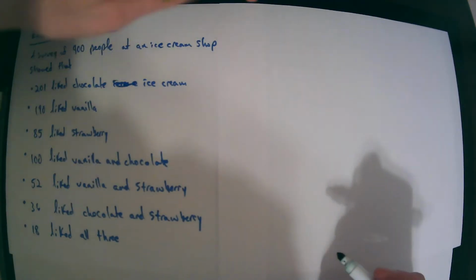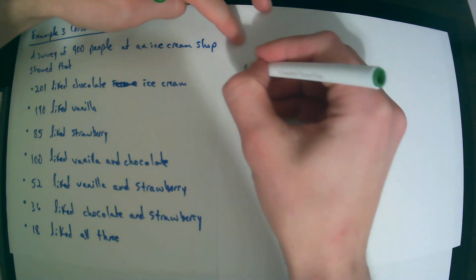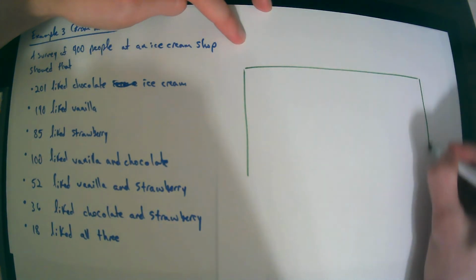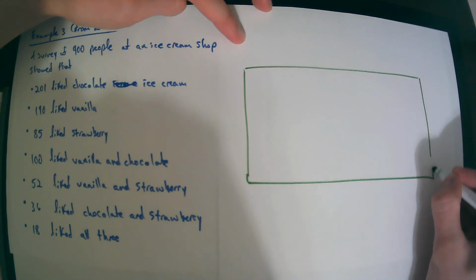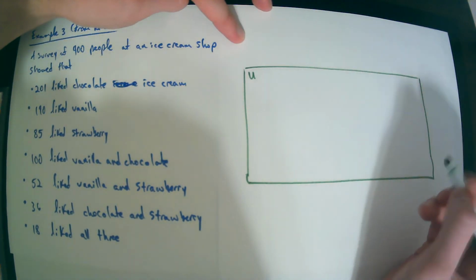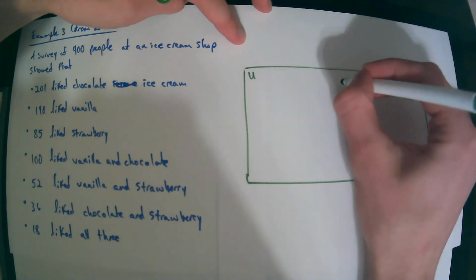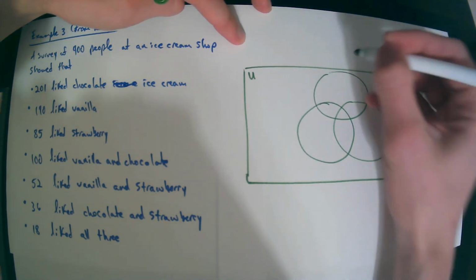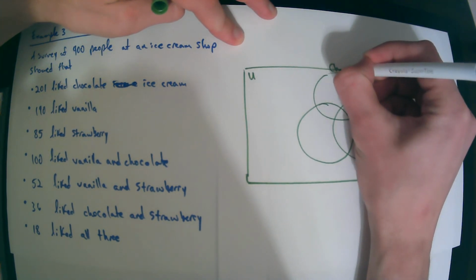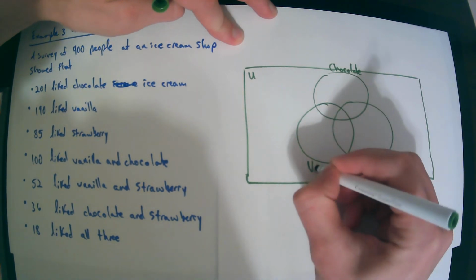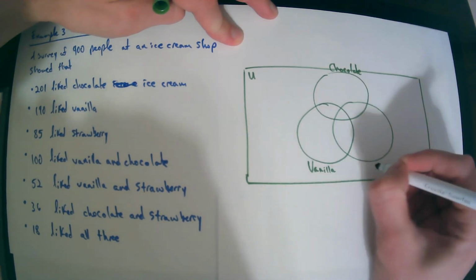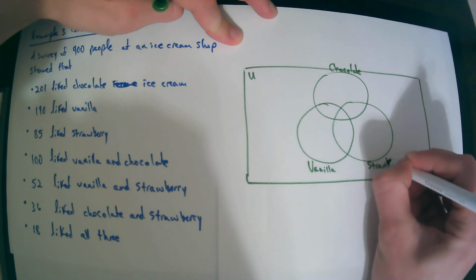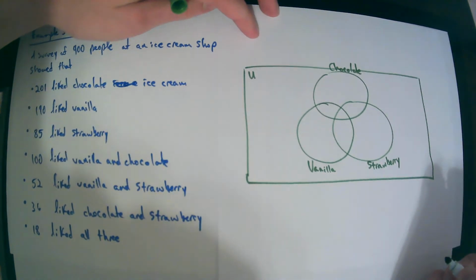Okay, so let's say I've got my universal set. Always need a universal set. Then let's say that this is chocolate up here, vanilla, and strawberry.